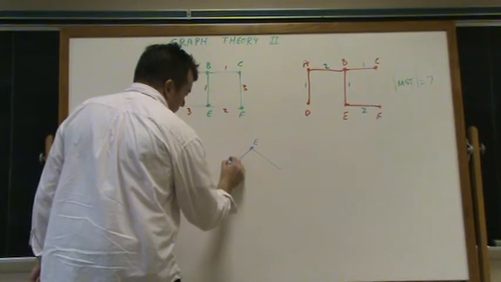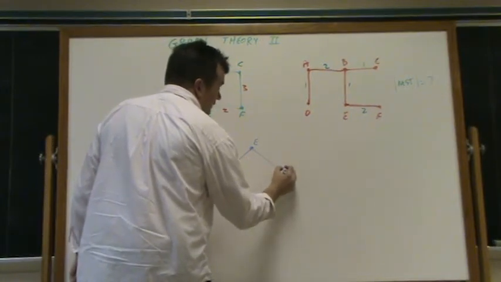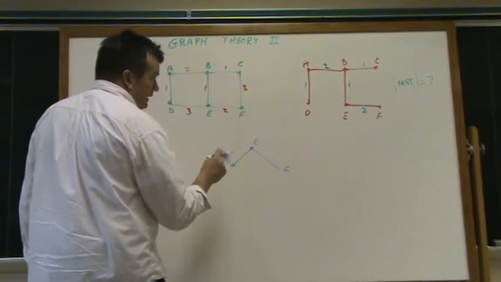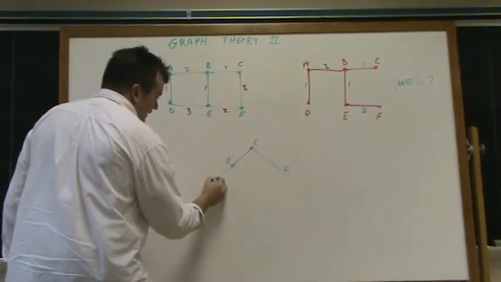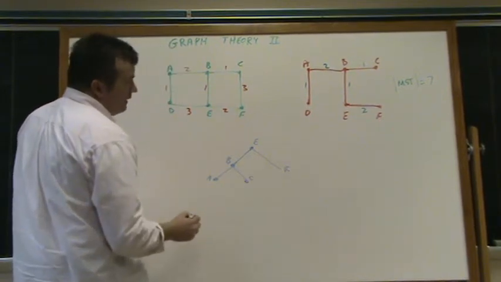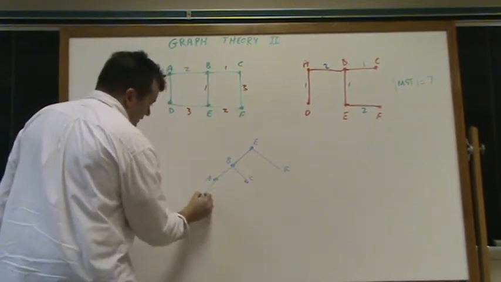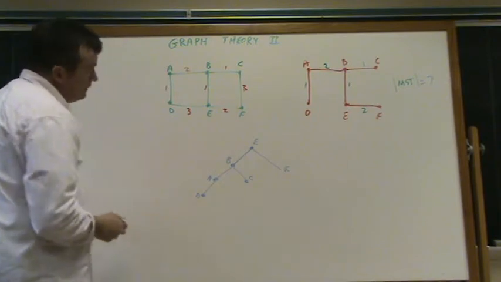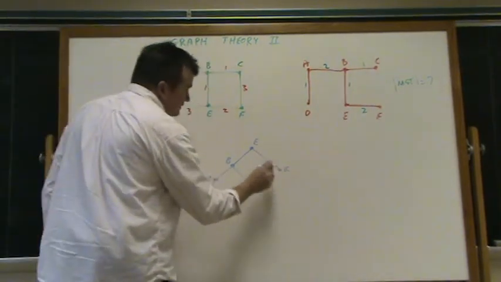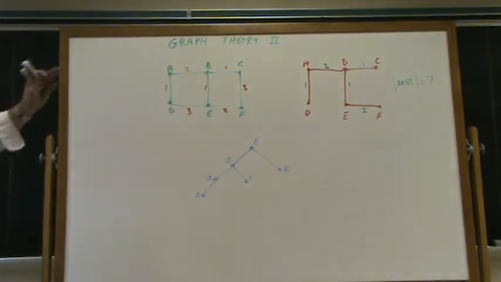B and F. And then B is connected to A and C, 2 children, and A has a child D. So this is exactly the same graph as that. It's just this stretched around, right?